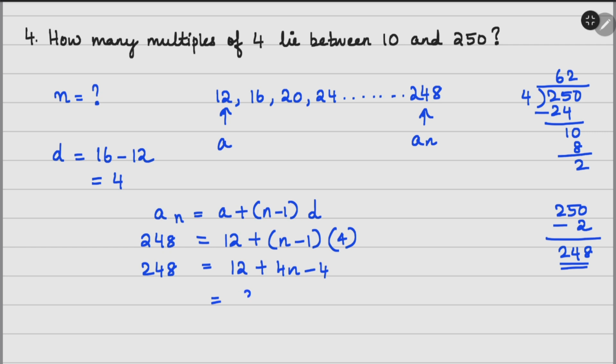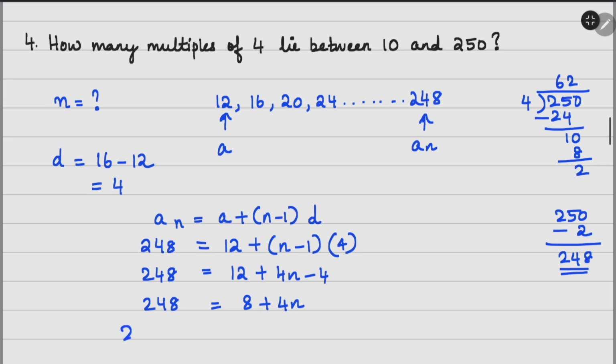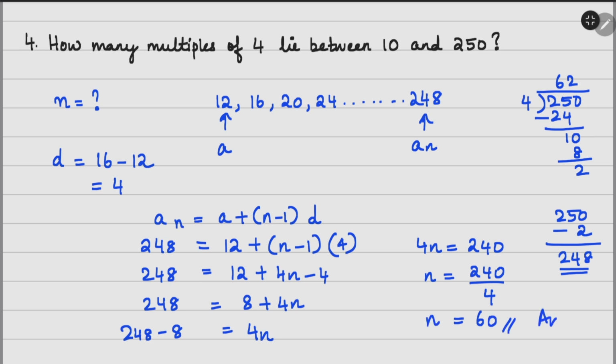It is plus 8. 8 plus 4n equals 248. So 248 minus 8 is equal to 4n. So 4n is equal to 240 and n is equal to 240 divided by 4. 4 6s are 24, so 60. Total number of terms n is equal to 60 is the correct answer.